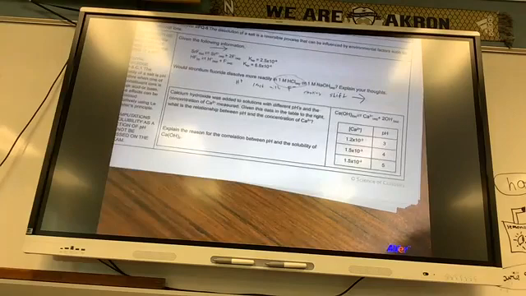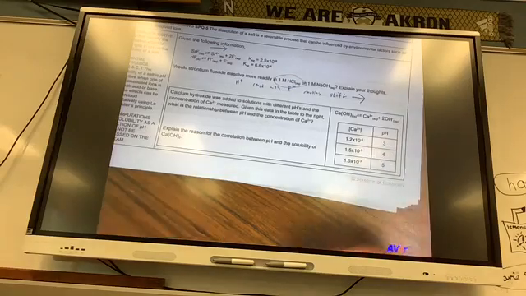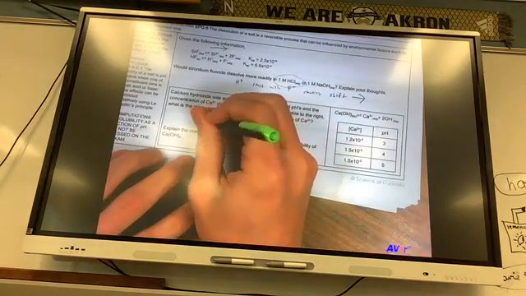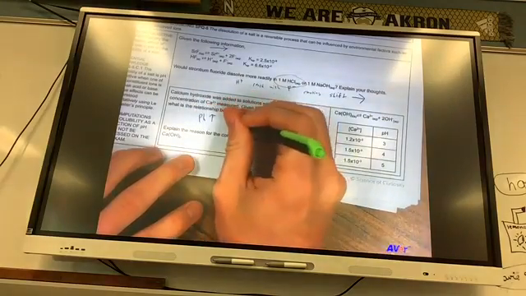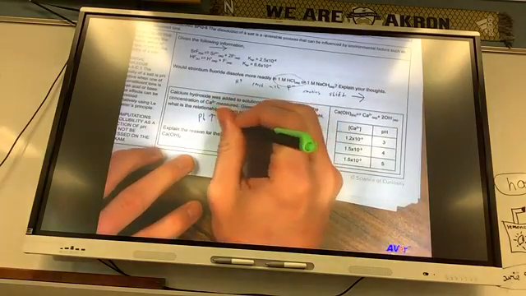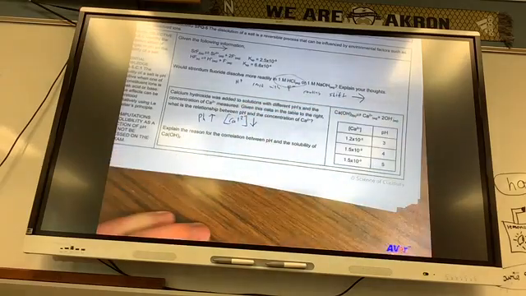As pH is going up, it looks like my Ca is getting smaller. Yeah, so the relationship is, as pH goes up, my Ca plus 2 concentration is going down.